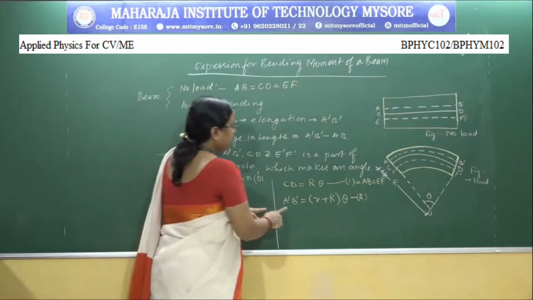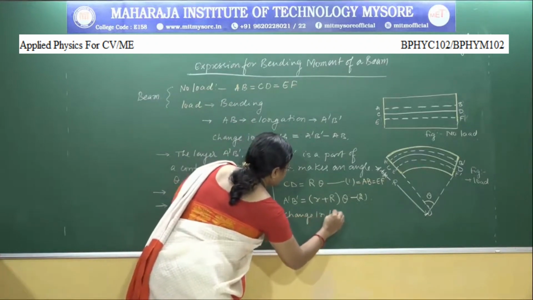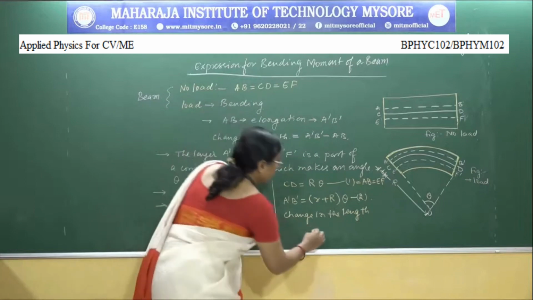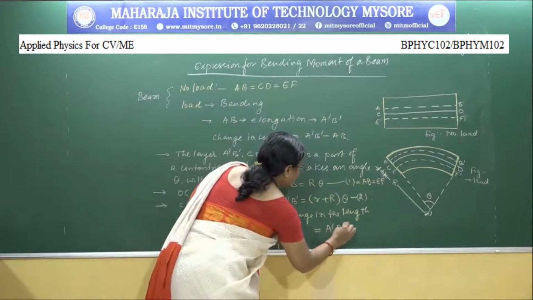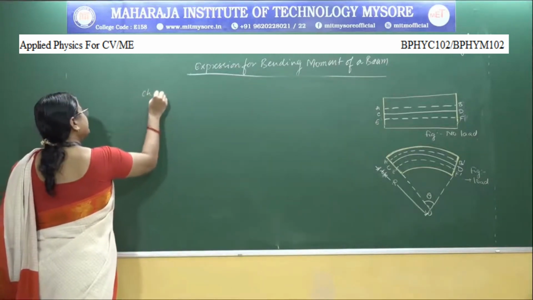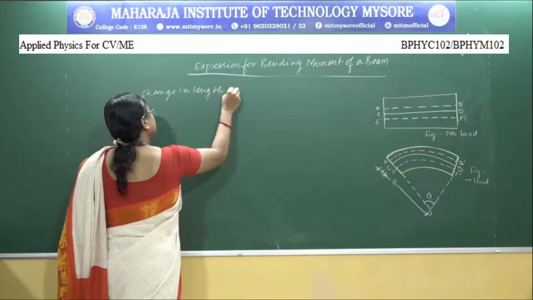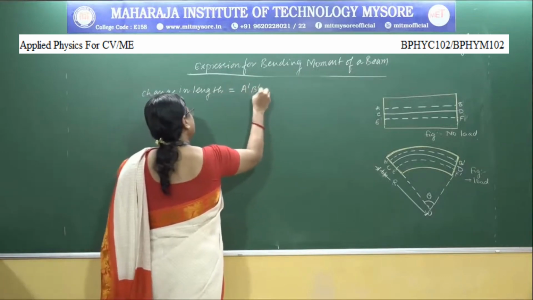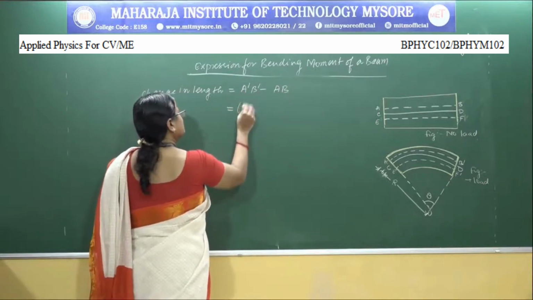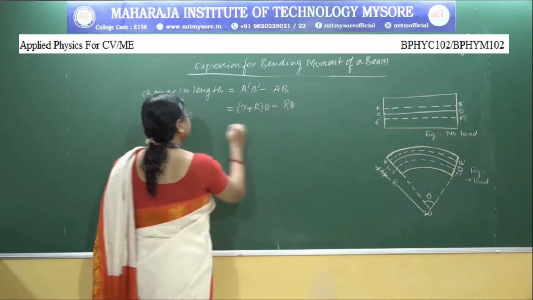So the change in the length due to the bending will be equal to A'B' minus AB. This is equal to (R plus r) theta minus R theta.